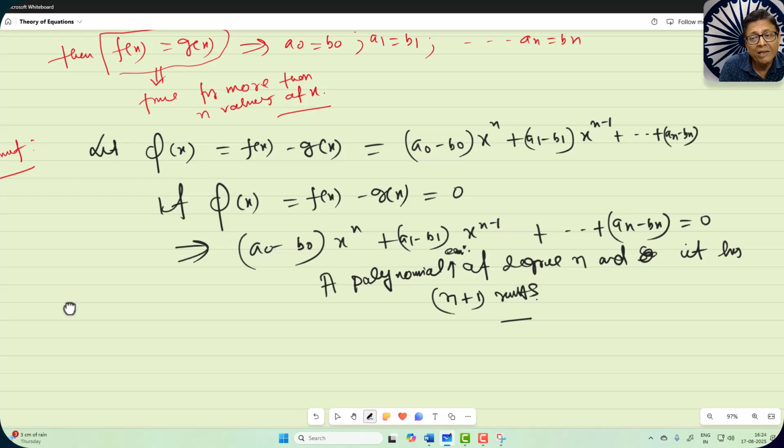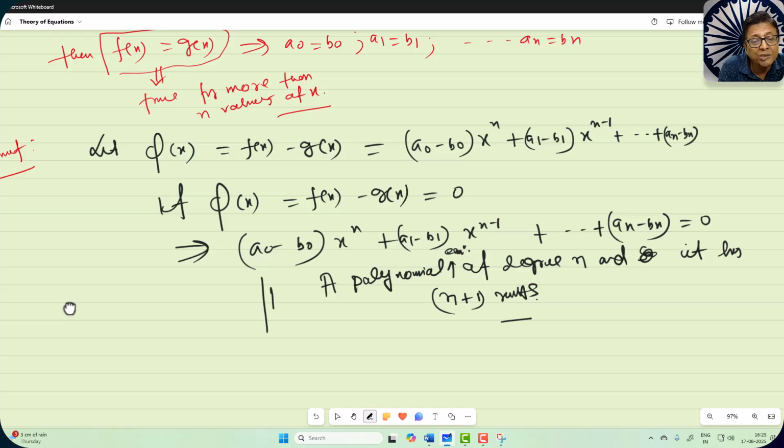Is it possible? First tell me, theorem 1, what have we done? If it is of degree n, then it will have at most n roots. Exactly n roots.